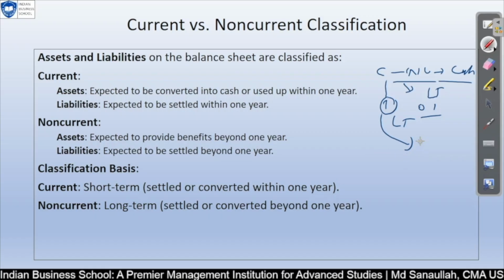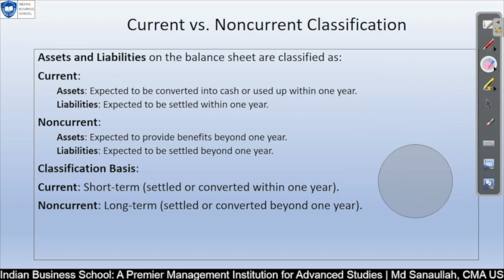For example, in a construction business, you buy raw material, build the building, and then do all the electrician work and many other things, which takes more than 2-3 years. Then that operating cycle will not be considered a current asset. That is the reason it has been restricted to 1 year. So I think you are clear with regard to current and non-current.